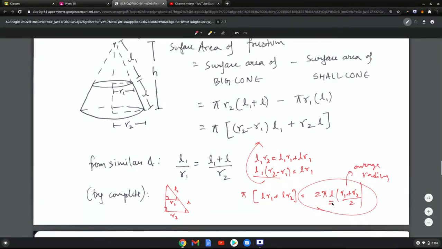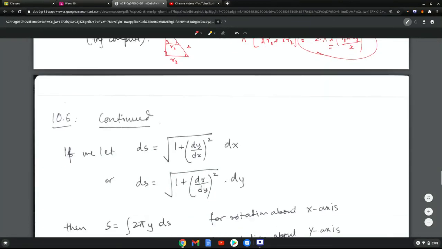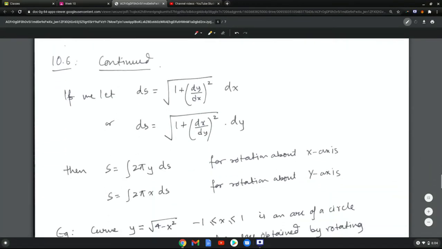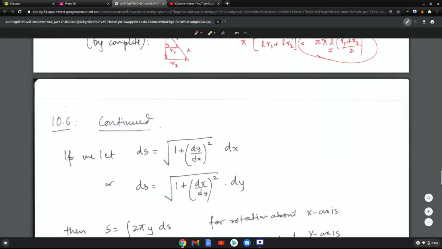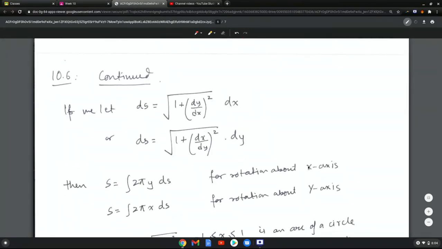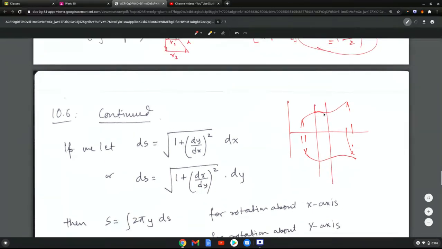Now for L, remember. If you look at a shape that's been rotated, let's say that's the shape, and then we look at this slice right here, this L is the arc length, because that's that distance.